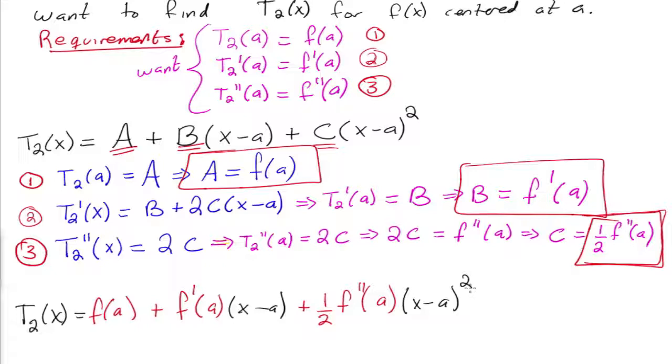Okay, and what is this called? This is the second degree, or degree 2, Taylor polynomial centered at a.